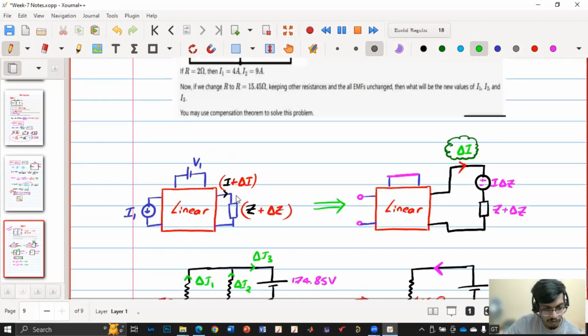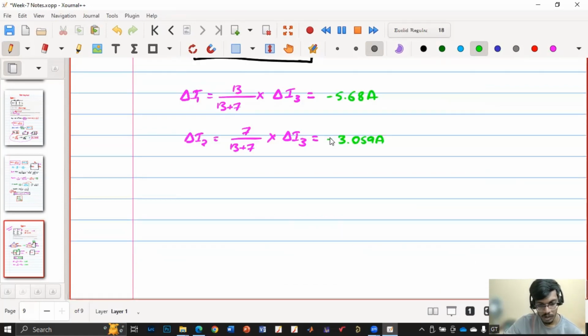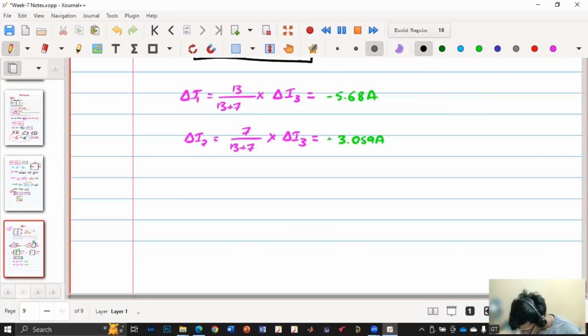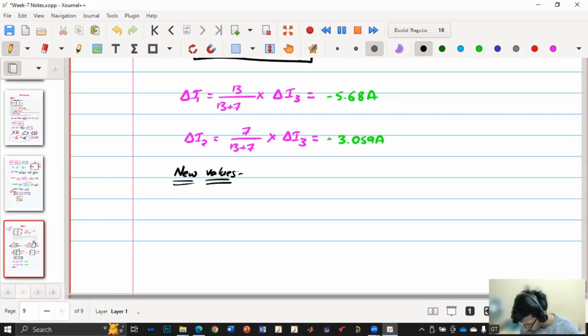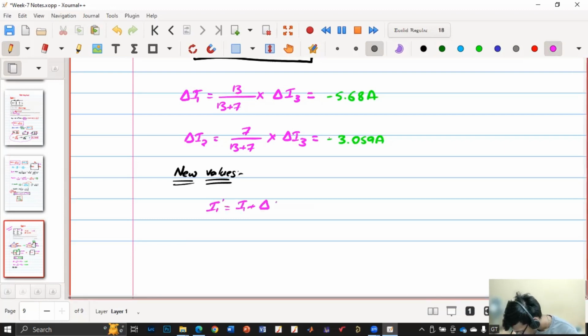Now, the actual circuit will have I plus delta I, and they are asking what are the new values of I1, I2, I3. So I1 dash is equal to I1 plus delta I1, I2 dash is equal to I2 plus delta I2, and I3 dash, these are the new values, equal to I3 plus delta I3.